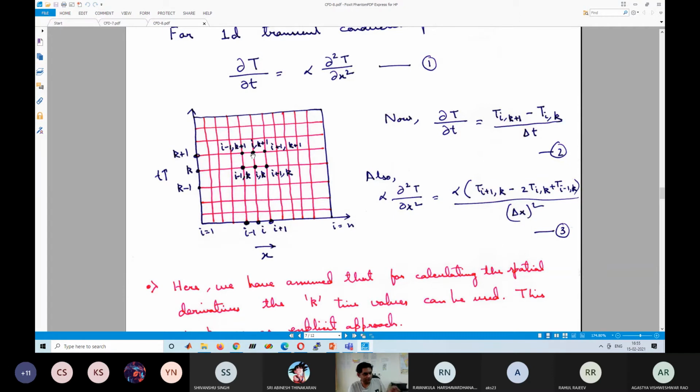So T at 11 seconds minus T at 10 seconds for this grid point, divided by delta t, which is 1 second, is equal to some heat flux. At what time will you calculate the heat flux? Whether you will consider the heat flux at 10 seconds, or at 11 seconds, or in between, say at 10.5 seconds? What do you think should be the most appropriate value?